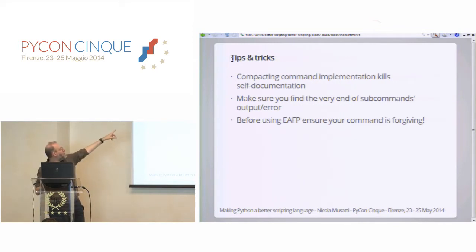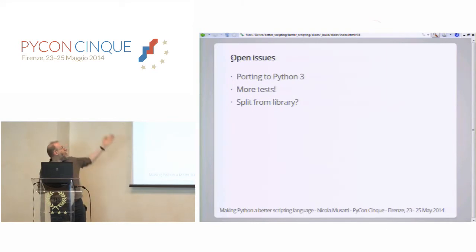Again, it's very easy to miss the end of the output and so go into an infinite loop polling for something that actually has already happened. And remember that some commands you can't really recover from, and before issuing them, ensure that you know what you're doing. There are the classical problems.